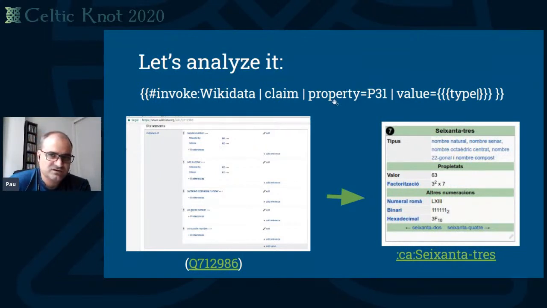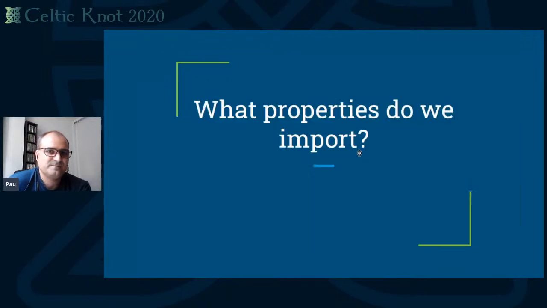You get the information from this property, P31, which is instance of, and you get the information displayed in the typus, type, parameter of the Infobox. Okay, you can click here. You can see this is the Wikidata item, and this is the article in Catalan Wikipedia.